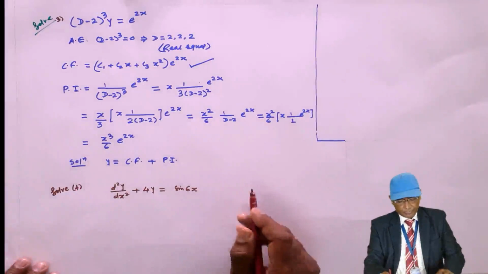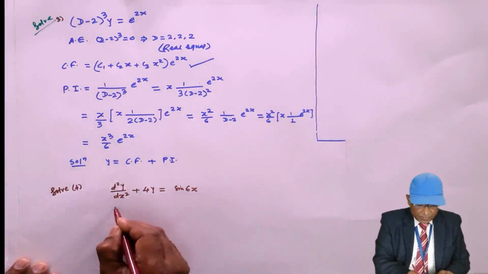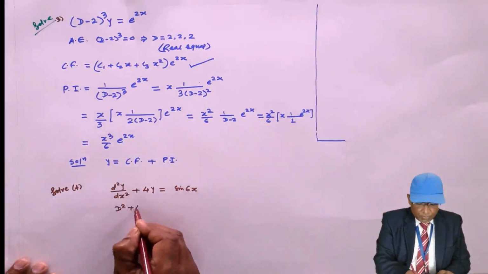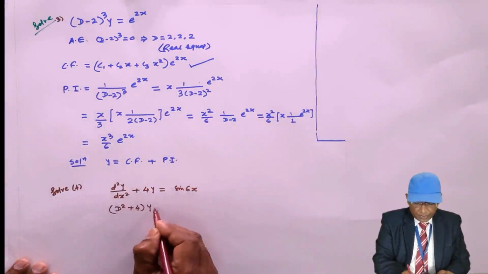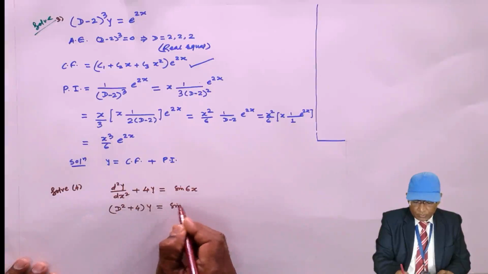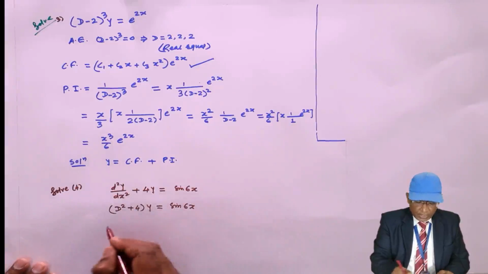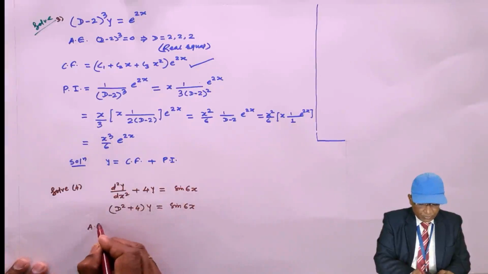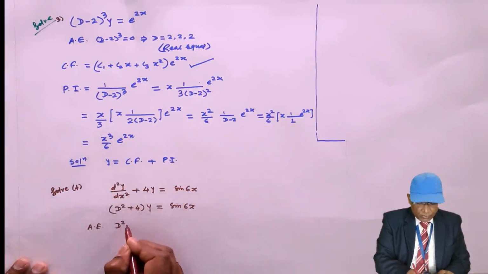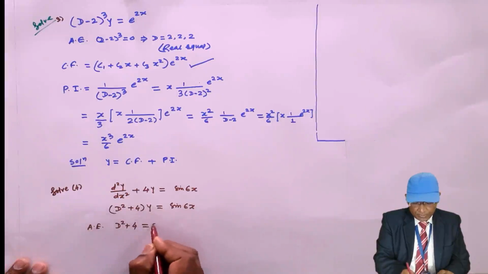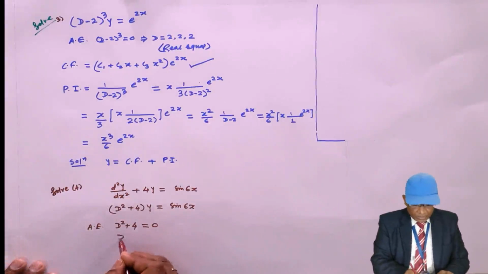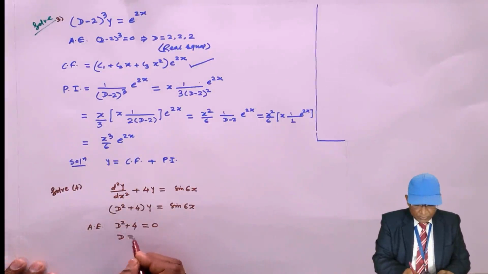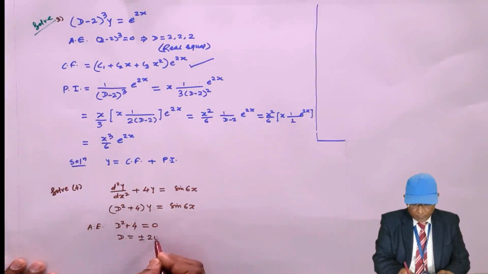Okay. Now, the complementary factor, I am writing in terms of capital D. Then the auxiliary equation is D square plus 4 equal to 0. Then D square equal to minus 4 means D equal to plus minus 2i.